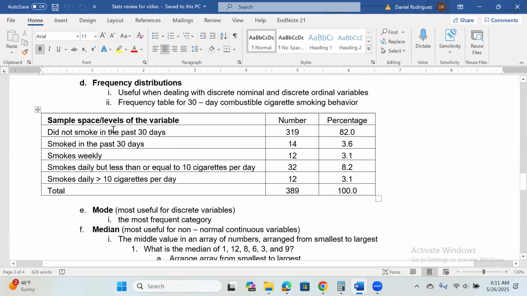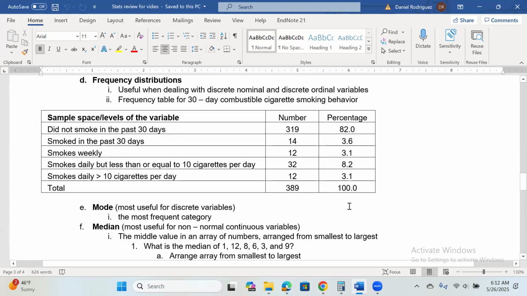For instance, smoking status: you did not smoke in the past 30 days, smoked in the past 30 days, smokes weekly. This is the distribution: how many individuals fall in each of these categories. We can also write those as percentages, and of course the percentages have to add up to 100% because it accounts for everybody.